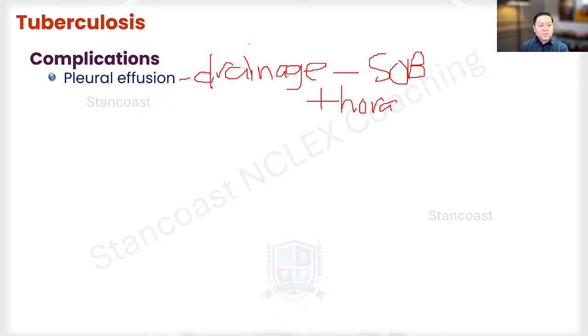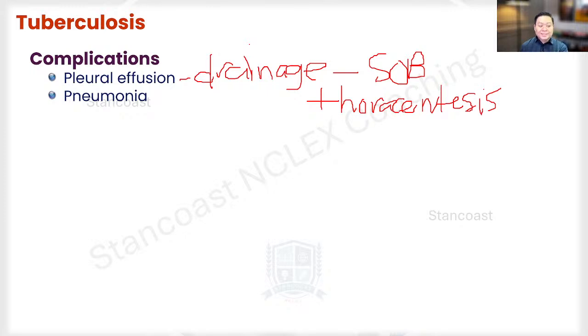All right, back to the pleural effusion. If this is a much more severe form of pleural effusion, where the amount of fluid accumulating in the pleural space causes shortness of breath, then thoracentesis will be required in order to drain that extra fluid, okay? Now, another complication that we will be expecting is pneumonia caused by the tuberculosis.